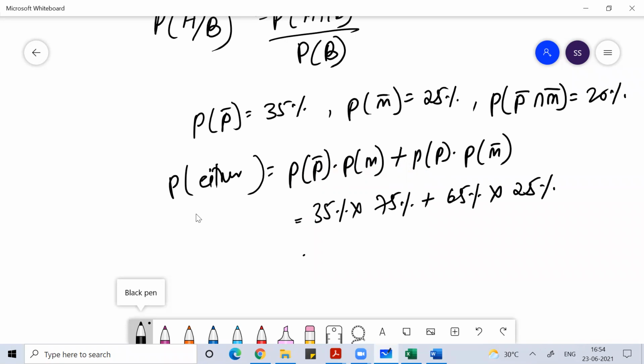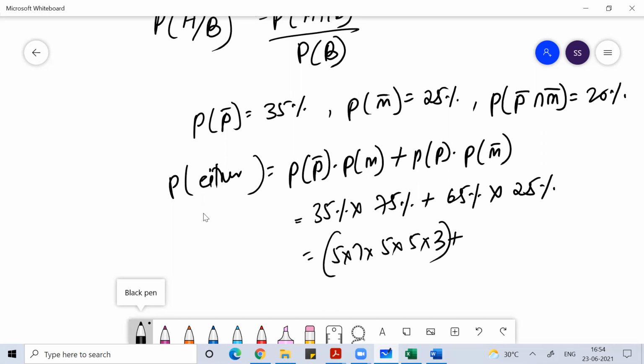So here 35 into 75 multiply. I can take common: this is 5 into 7, this is 5 into 5 into 3.